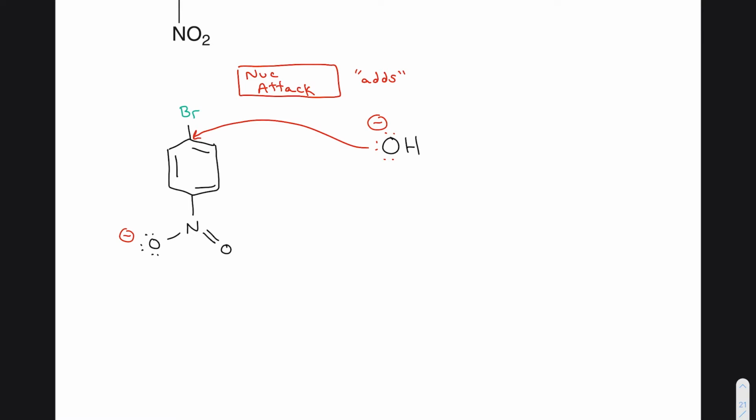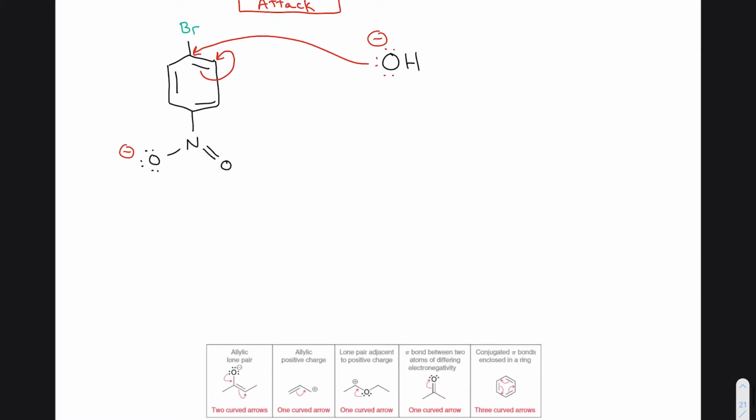Now, the carbon here already has 4 bonds. So if it's going to form a new bond, one of the bonds it has to break. And that's going to be the pi bond. So this pi bond here is going to break, and the electrons will go onto the atom next door to the leaving group.